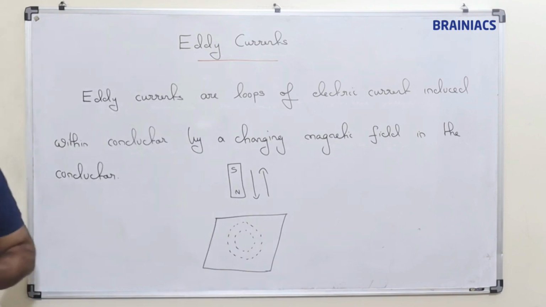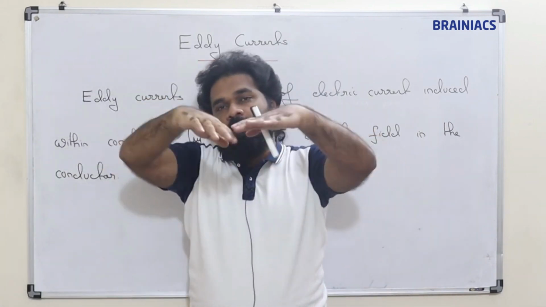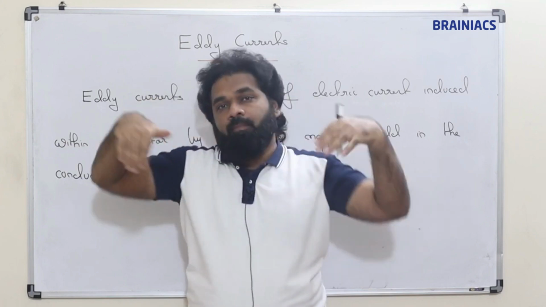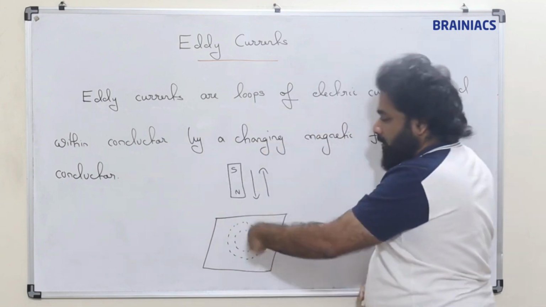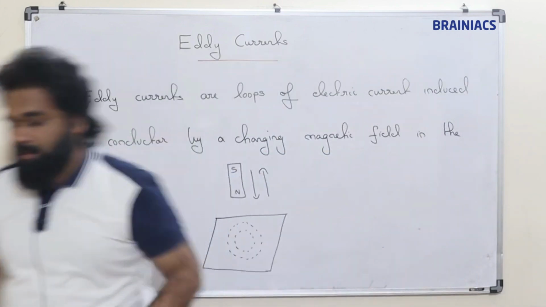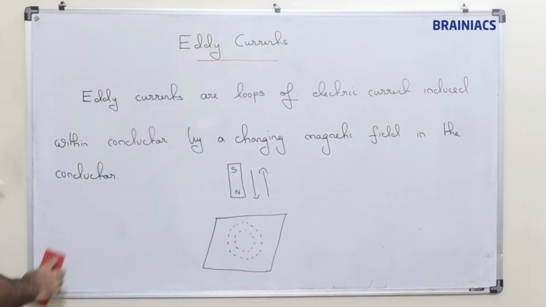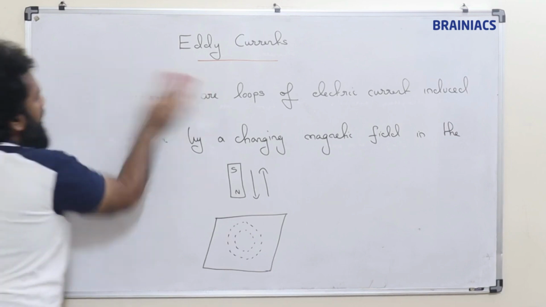Eddy means whirlpool, right? The whirlpool of water. Just like that, a rotating current will be formed here. That is what eddy current is. Okay, pause the screen and note it down. Clear?